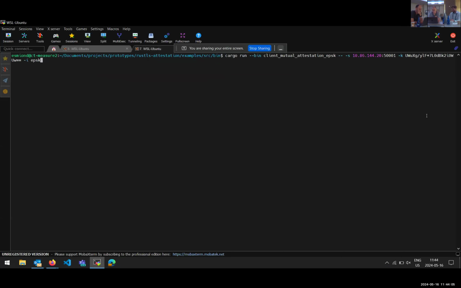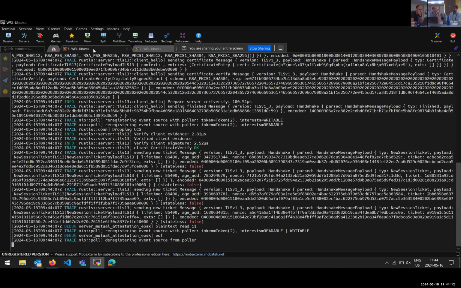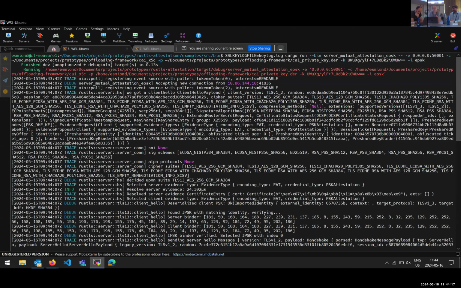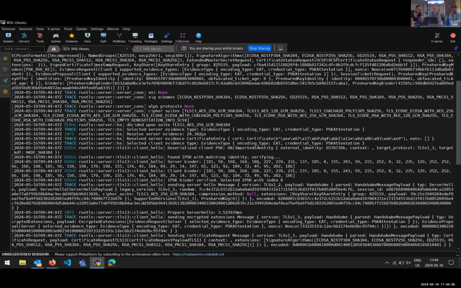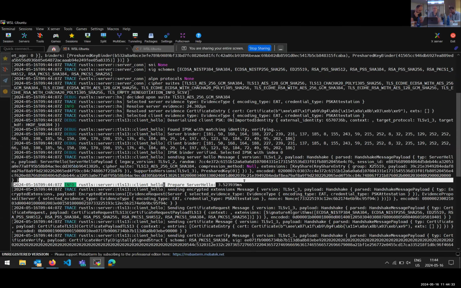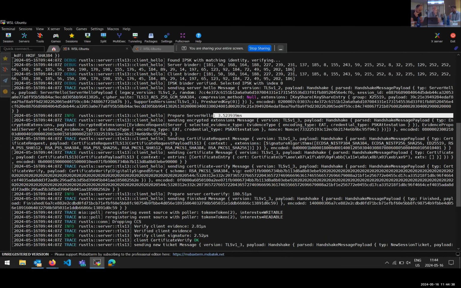So the client can now ask for mutual attestation, and here we can see the log. I don't know whether you can recognize something in it. We also try to see how much time these steps are taking, so somewhere you can find numbers on how long these steps took.